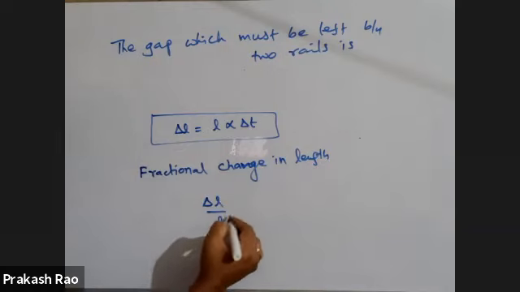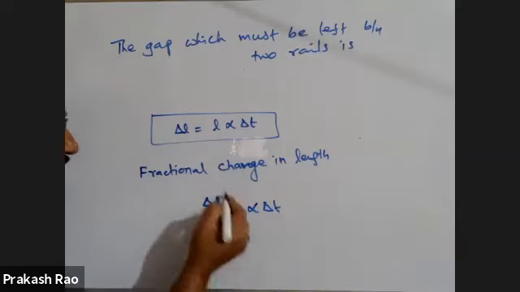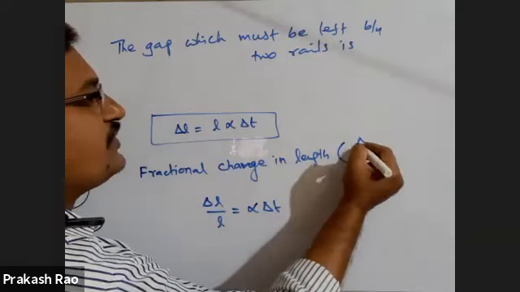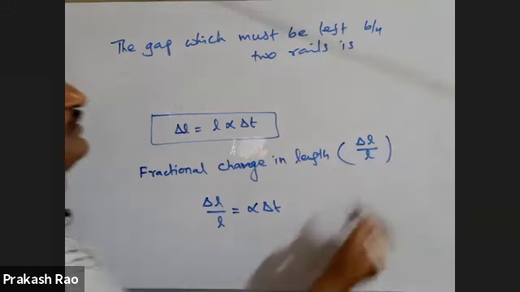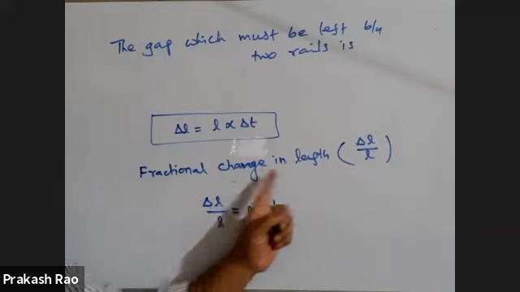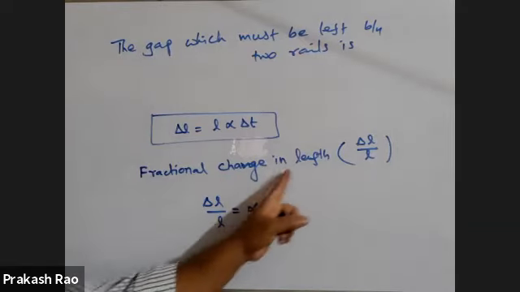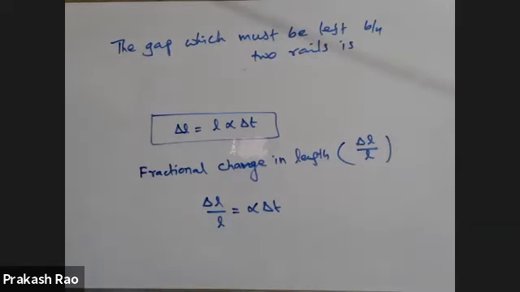Delta L by L is equal to alpha into delta T. This delta L by L only is called fractional change in length. It is nothing but strain, longitudinal strain: change in length by original length.